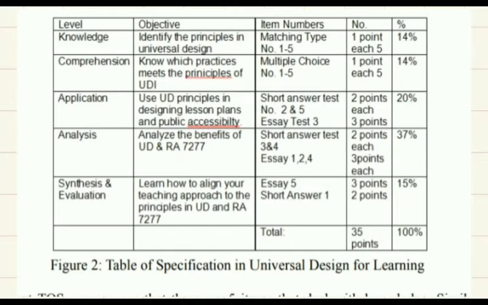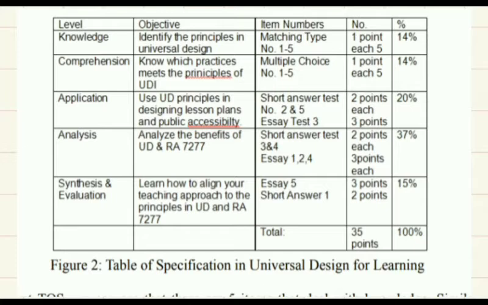So this is Figure 2, the table of specification in Universal Design for Learning. It uses the original Bloom's taxonomy of 1956, where the levels are knowledge, comprehension, application, analysis, synthesis, and evaluation. And it has its own objectives. The item numbers are just the same as in Figure 1 that I explained earlier.